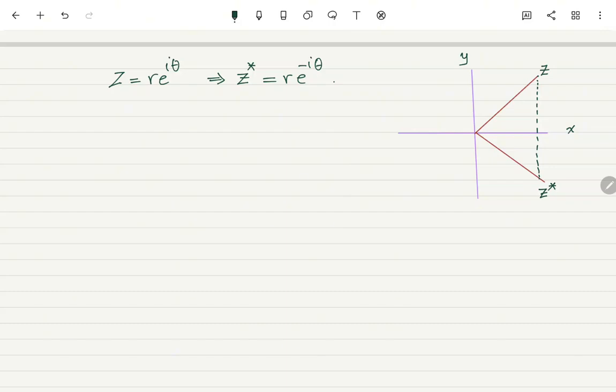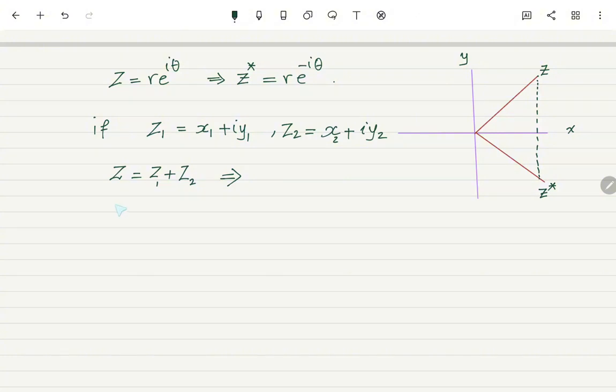Now let's discuss how to add two complex numbers. If z1, for instance, equals x1 plus iy1, and z2 equals x2 plus iy2. Now z, which is equal to z1 plus z2, in this case you add real with real and imaginary with imaginary. You cannot add real with imaginary or imaginary with real.